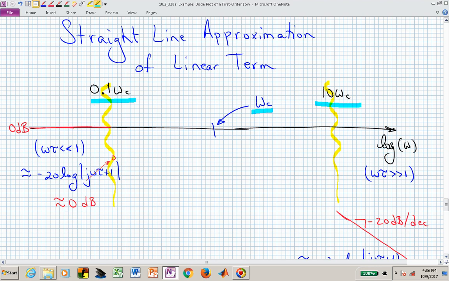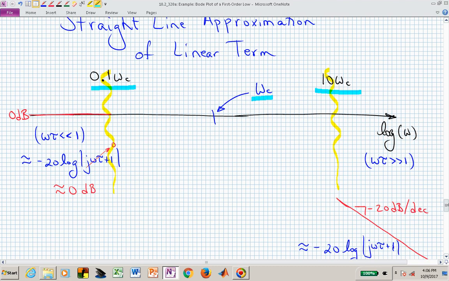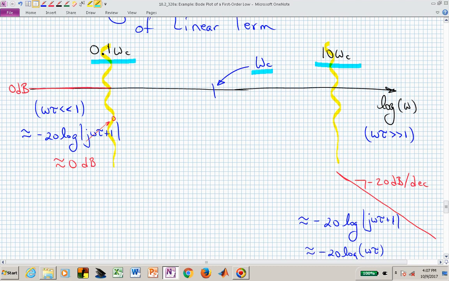Then 10 omega sub c would be 50. 0.1 omega sub c would be 0.5. We know what those are prior to or on the extremes. We're approximating at 0 dB for low. We're going down at minus 20 dB per decade because it's a pole factor.